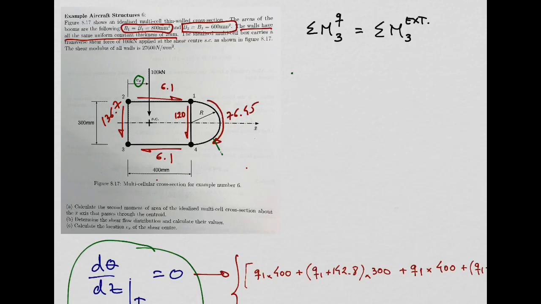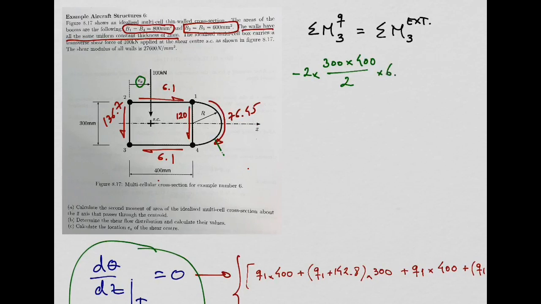Clockwise, so minus 2 times the area of that triangle, which is 300 times 400 over 2, times the shear flow in that wall, which is 6.1. That's it. This is the moment calculated by this 6.1 Newton per millimeter shear flow.